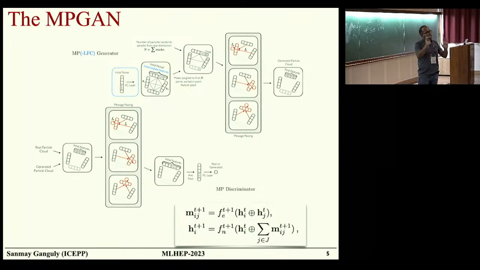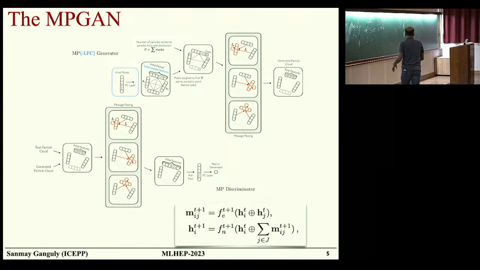Same concepts. The individual layers are a message passing layer versus a deep set layer. You have a generator, you have a discriminator producing jets. Okay. Sorry, I forgot to put the arXiv number. I will put it on the slide.